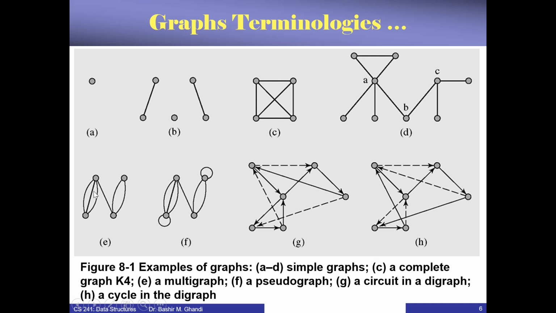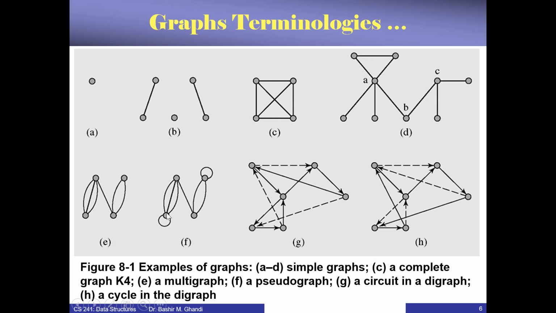This could be the cost from here to here, and so on. So if you have such a situation, the graph is said to be a multi-graph. Now in this course, we shall not be concentrating on this type of graph. We'll be simply looking at normal undirected and directed graphs. Okay, so just for your information, if you have more than one edge connecting two vertices, then the graph is said to be a multi-graph.